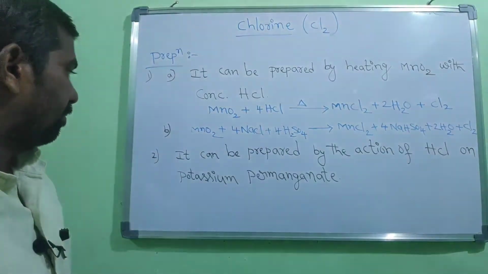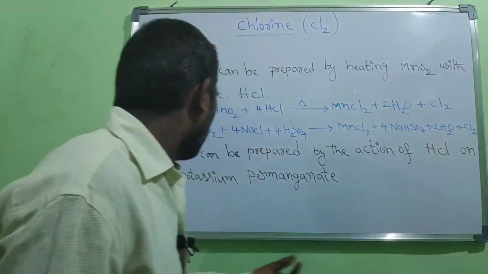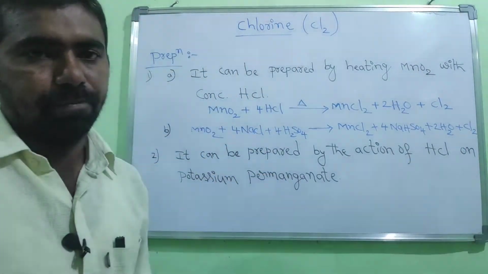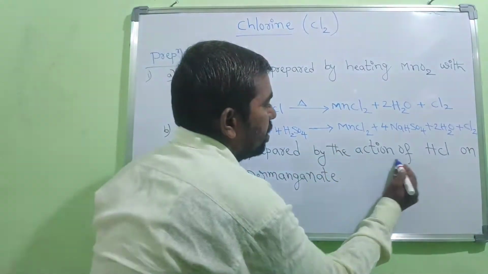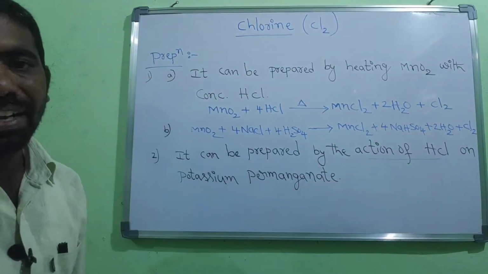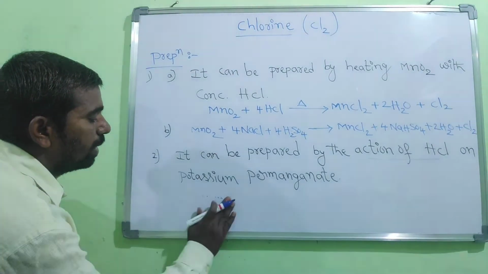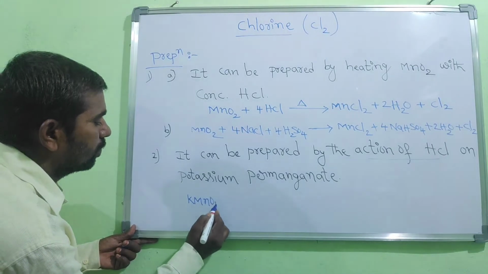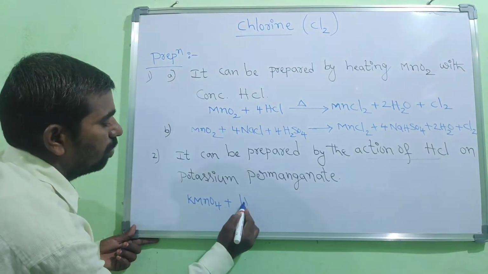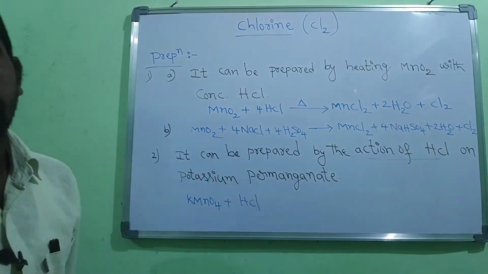And the next method, it can be prepared by the action of HCl on potassium permanganate. Potassium permanganate, its formula is KMnO4. So we have to react this with HCl according to this statement.